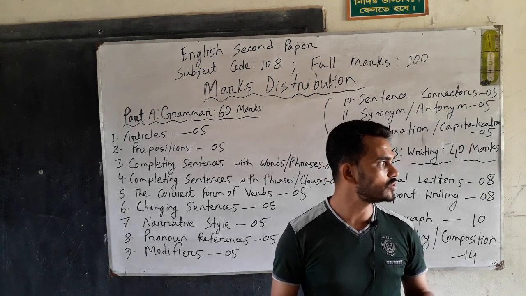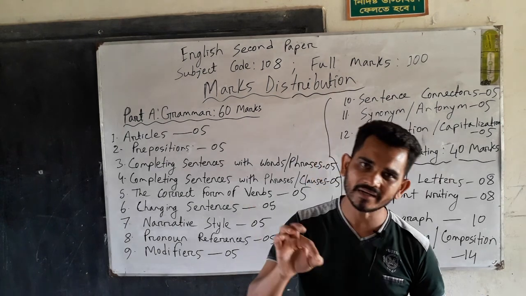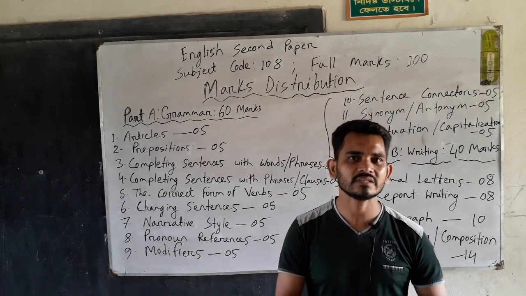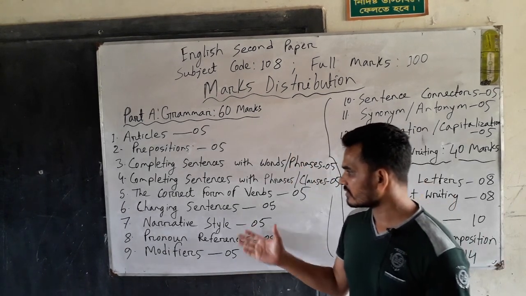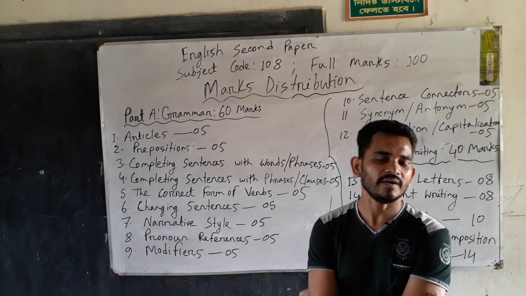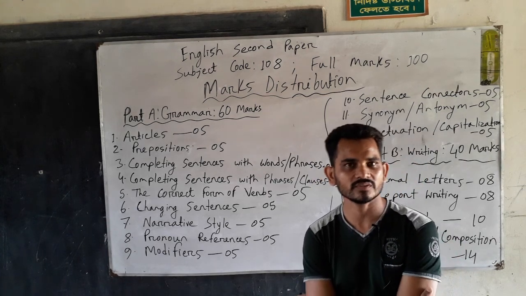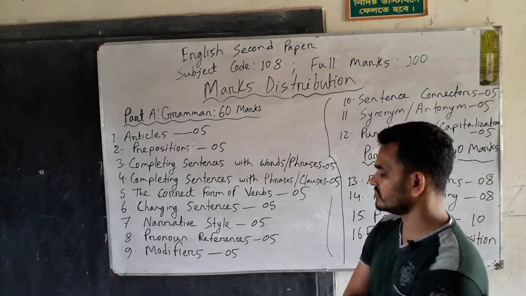You will have to make the wrong pronouns right or the unclear pronouns clear. For this question, you should have ideas about pronouns: personal pronouns, demonstrative pronouns, relative pronouns, reflexive pronouns, etc.